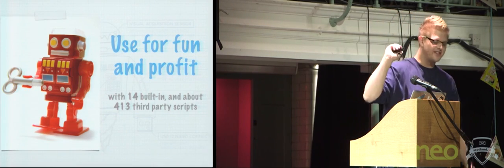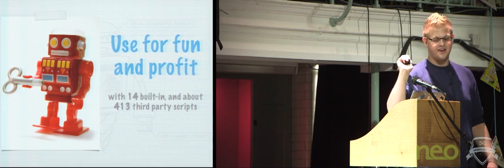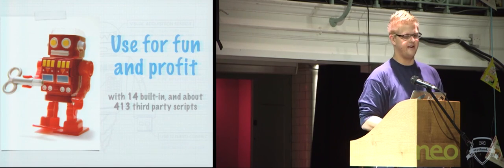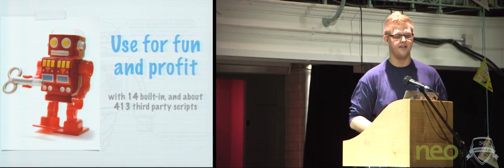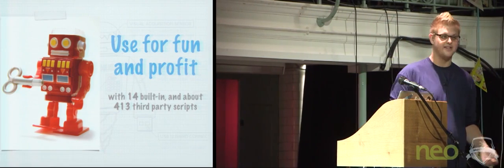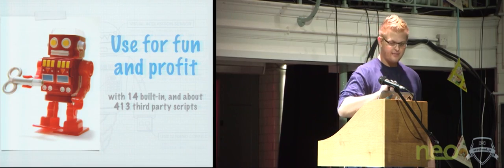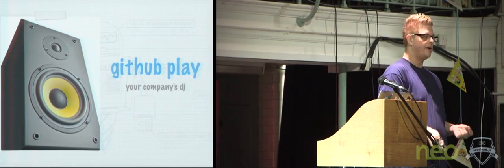When I first gave this talk, two months ago, the numbers were 8 built in and 200-something third-party scripts. And in two months, the amount of scripts has doubled, and it's great. So it's heavily growing.